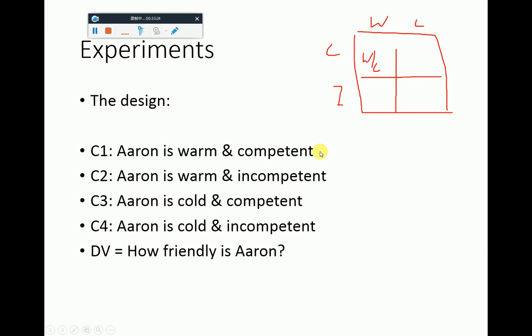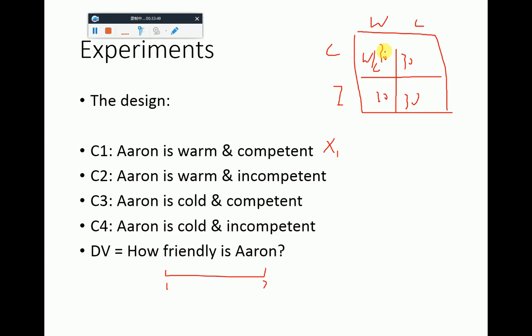So we can imagine that we'll put 30 people here, 30 people here, 30 people here, 30 people here. So for each condition, we can have an average score, right? Because for these 30 people, each one of them will provide a score on a 7-point scale, for example, to describe how friendly Aaron is.